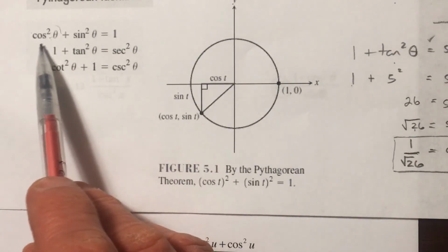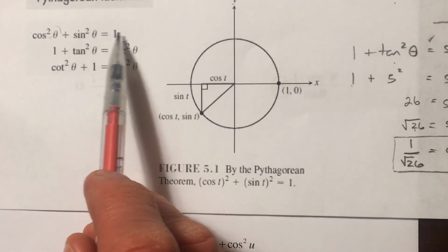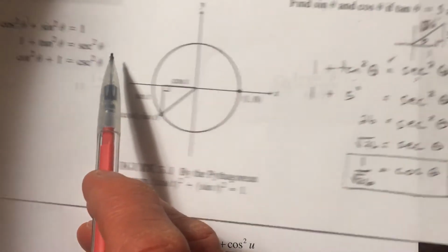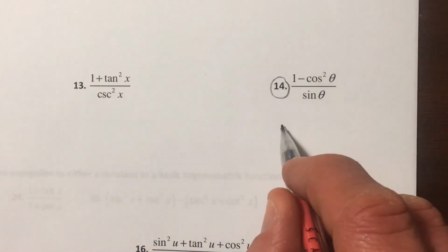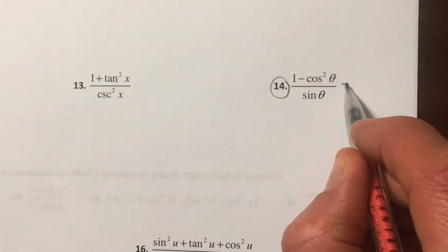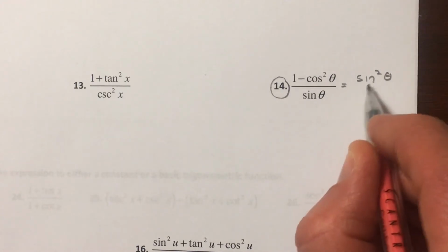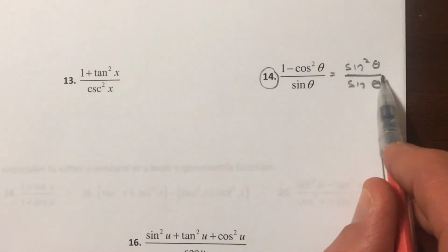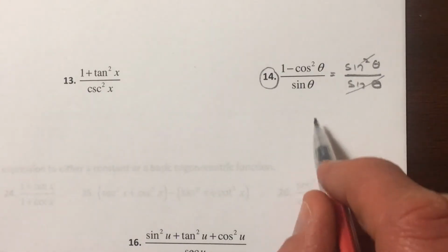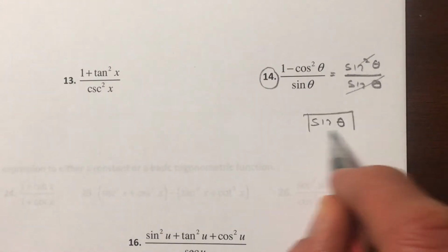If I took this cosine squared and moved it to the other side, it'd be a negative. So 1 minus cosine squared would equal sine squared. So I could rewrite this numerator as just sine squared, put it over sine. Obviously, this sine is going to cancel with one of those. My final answer is sine of theta.